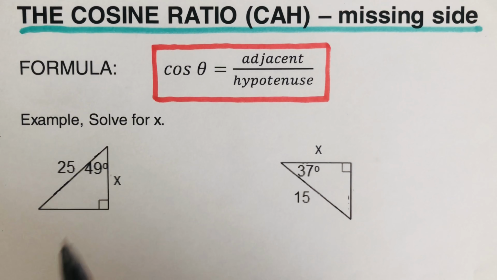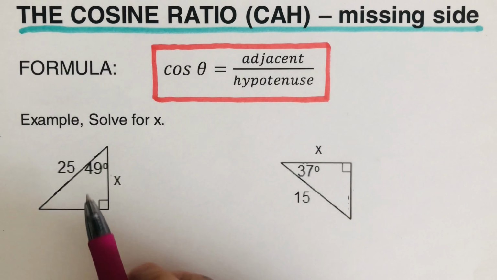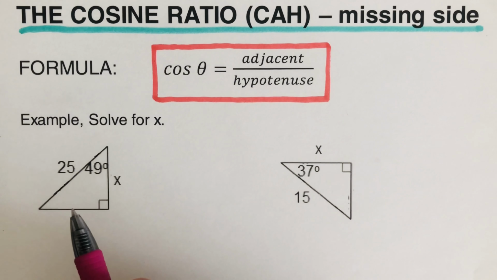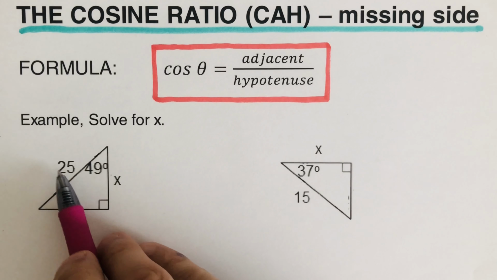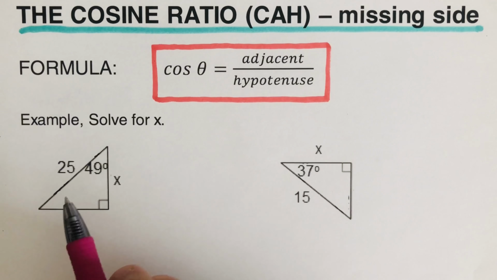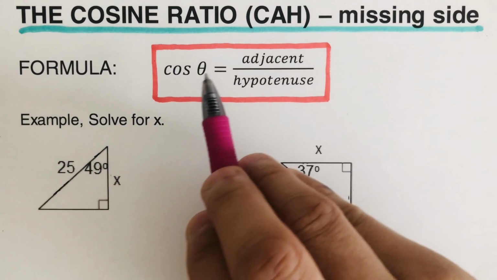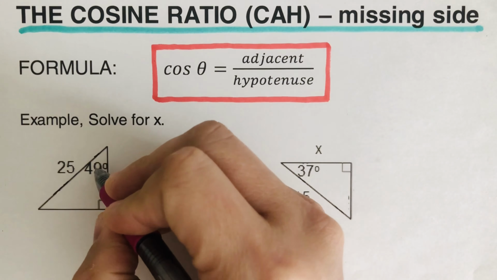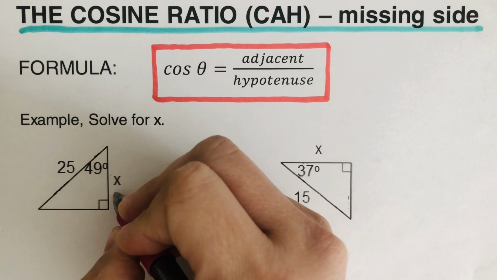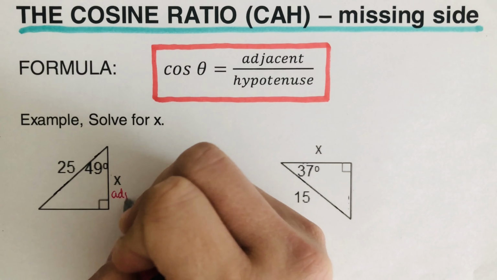Okay, so we start with this problem over here. We're given an angle 49, and the first thing that we need to do is to label these two parts here. Are they adjacent, opposite, hypotenuse? Because from there we can plug into the equation. Since this is 49, adjacent is next to it, which is the x. So I'm going to label this as adjacent.